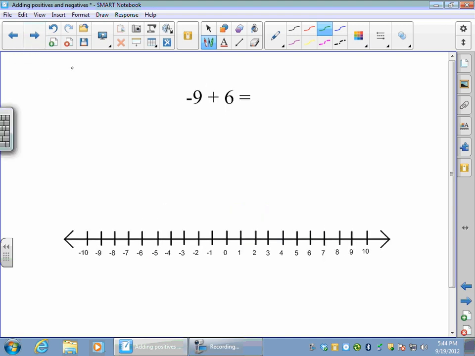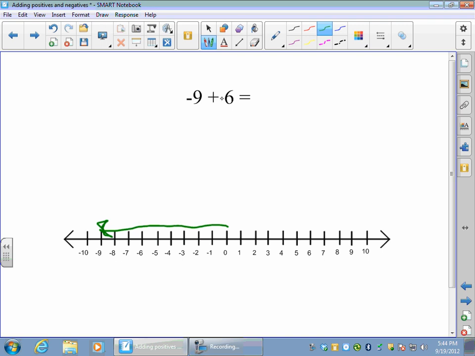Now let's go to another one. Again, take a guess. Now we've done a couple of these. Take a guess on what you think this answer is going to be, and then we'll do it and we'll see. Okay? So we're starting at negative 9. So that means I'm going to start by going to the left 9 places. Then I need to add a positive this time.